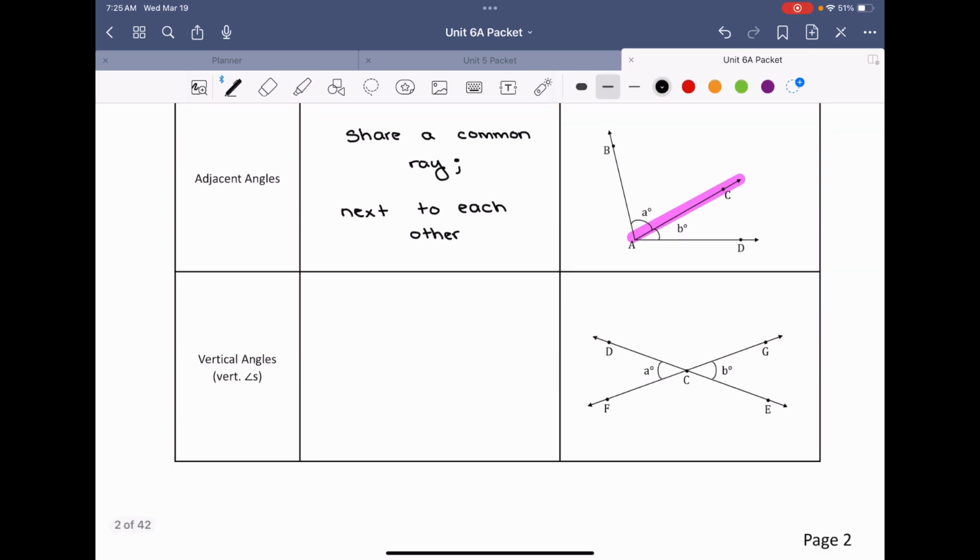Vertical angles are directly across from each other. And what that means for us, we're going to put a little star here, is that they are equal.